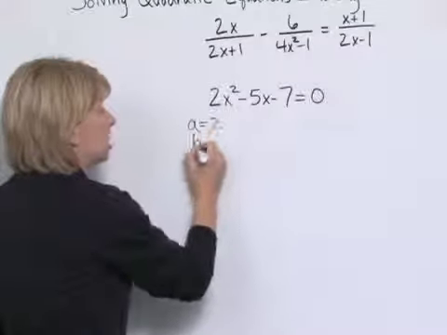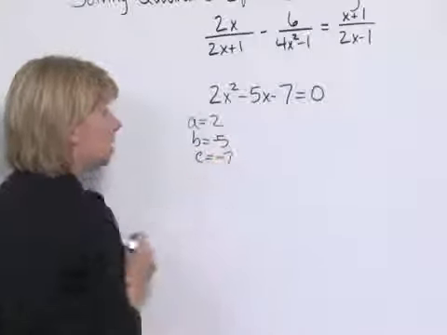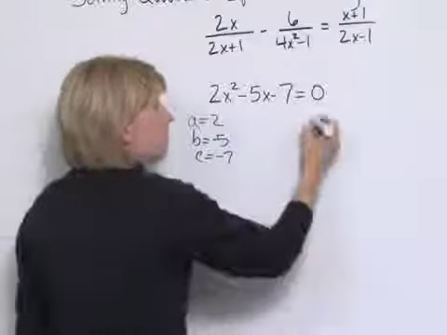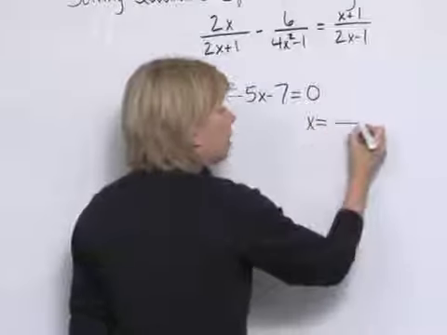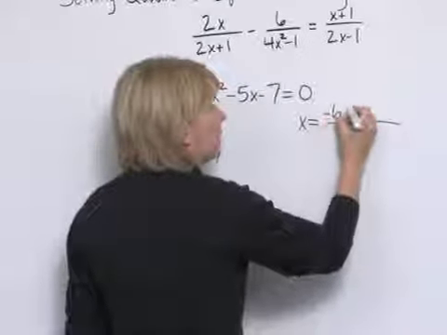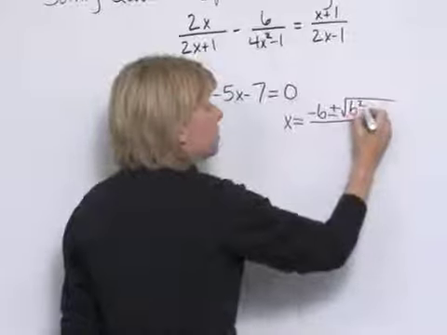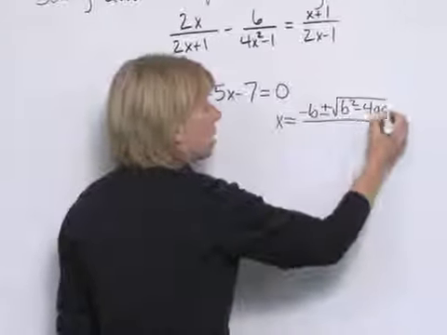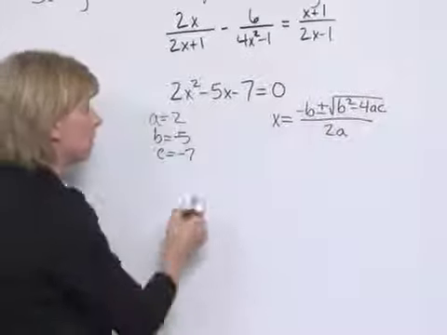So a is 2, b is -5, and c is -7. And I'll just write the general quadratic formula first. X equals -b plus or minus the square root of b squared minus 4 times a times c all over 2 times a.